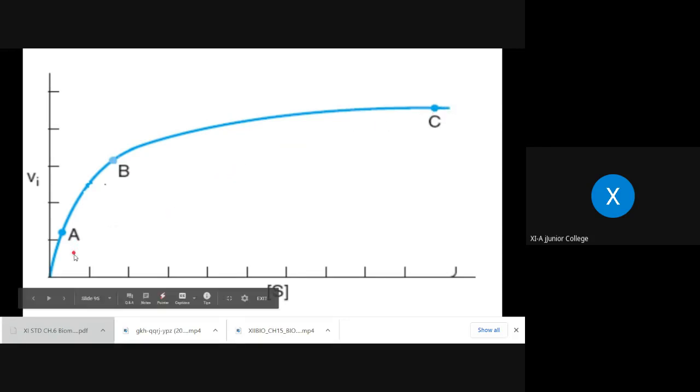So this is what is called a hyperbola, where this diagram shows that though there is an increase in the concentration of the substrate, enzyme activity increases only up to a certain level.